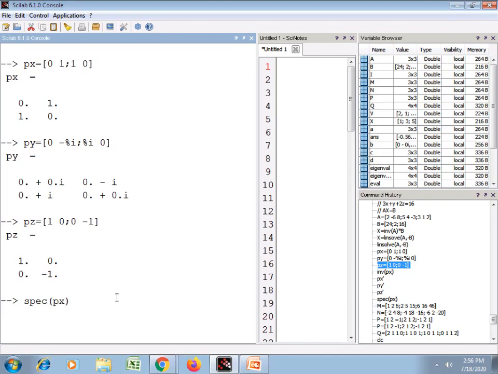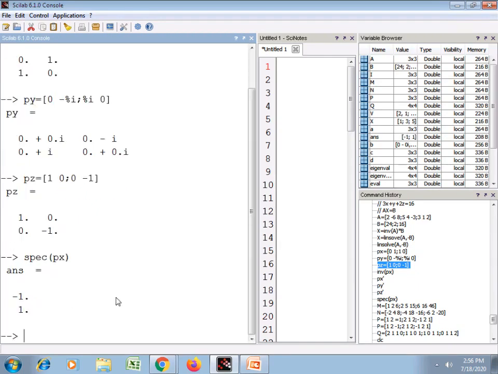So we first see the eigenvalues for the Pauli spin matrices. Spec of px, so it is minus 1 and 1. Okay, so similar to our theory, this Scilab also shows the eigenvalues of Pauli matrix are minus 1 and 1.